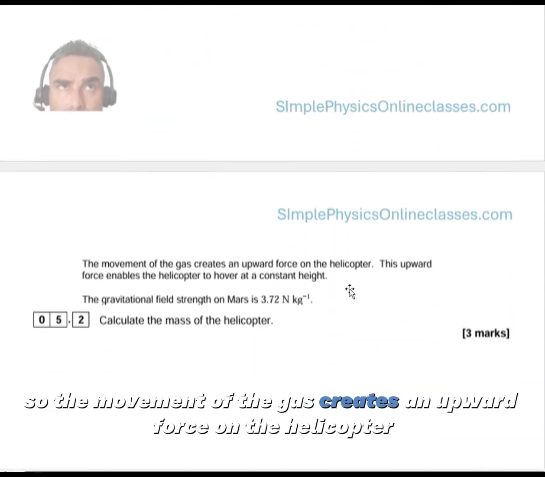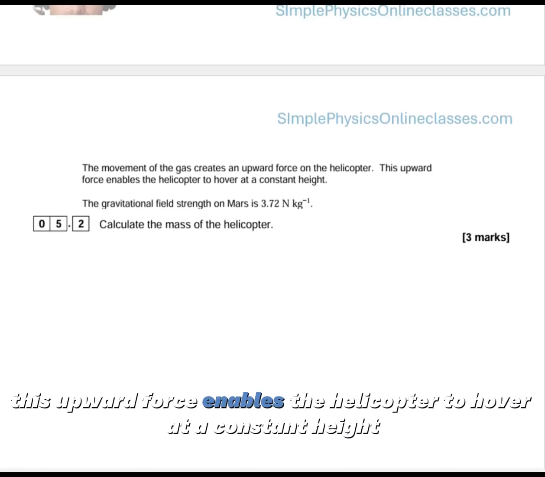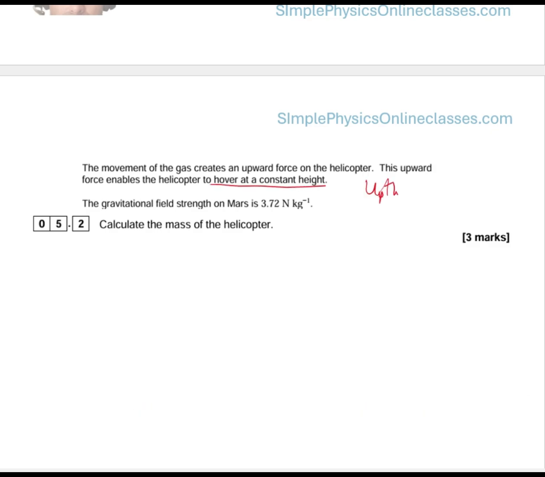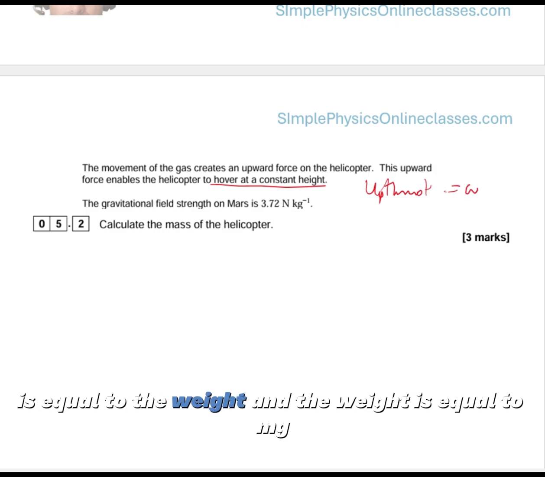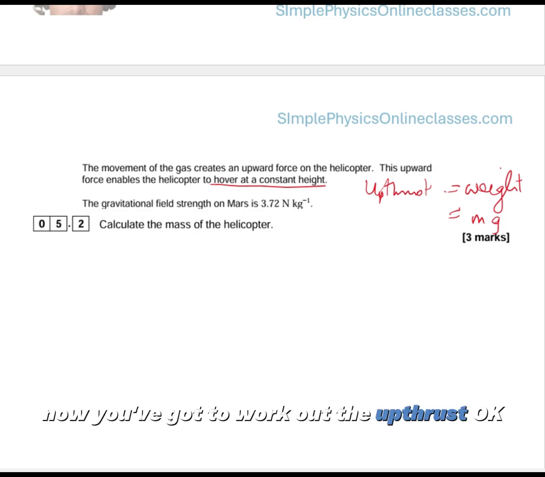The movement of the gas creates an upward force on the helicopter. This upward force enables the helicopter to hover at a constant height. So if it's hovering, that means the upthrust is equal to the weight, and the weight is equal to mg. Now you've got to work out the upthrust. How do you work out the upthrust?